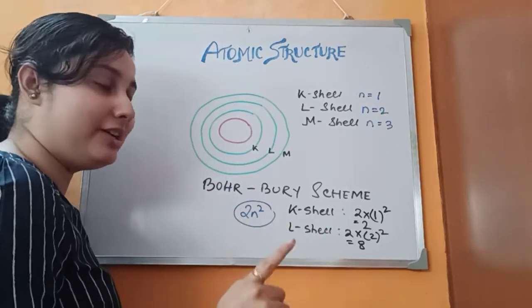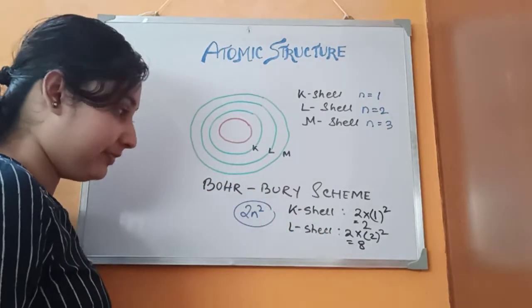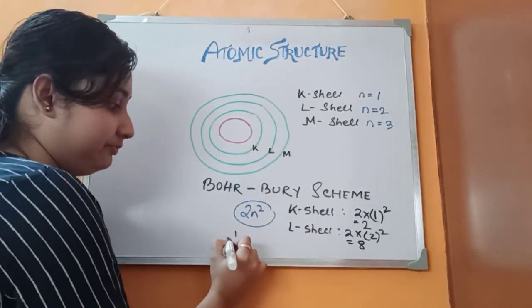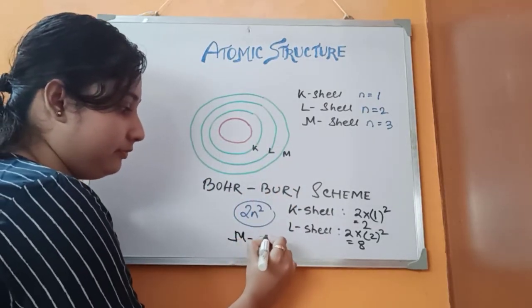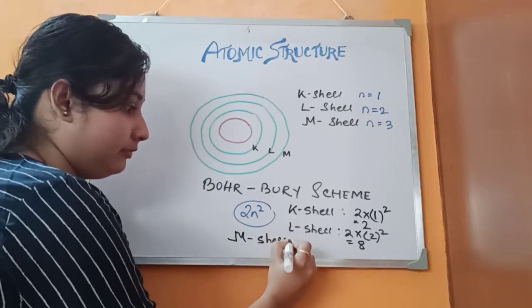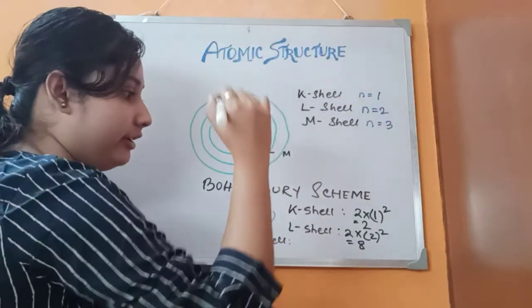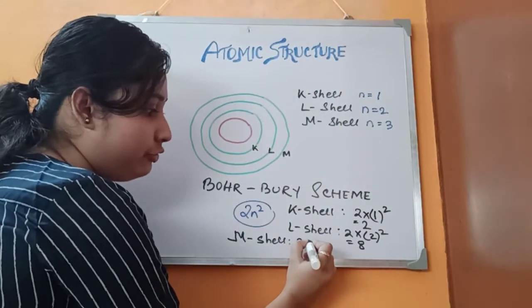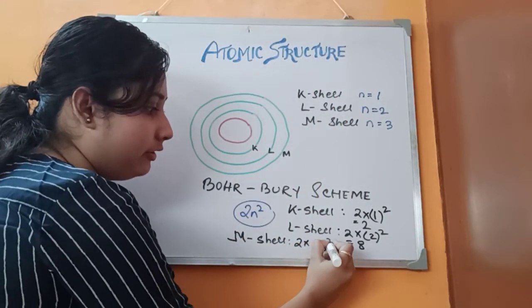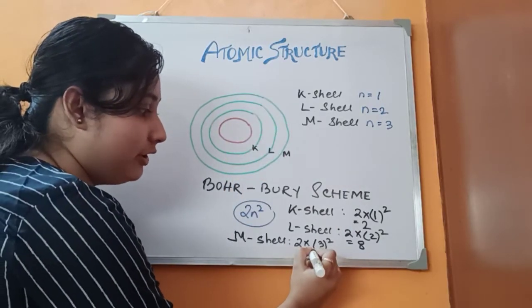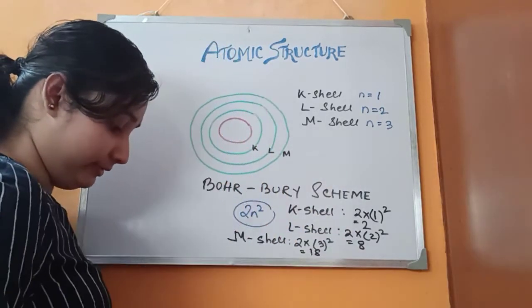Remember again, maximum number of electrons. Next comes the M shell. The value of n is 3 here. So, 2 into 3 square, and that gives you a total of 18.